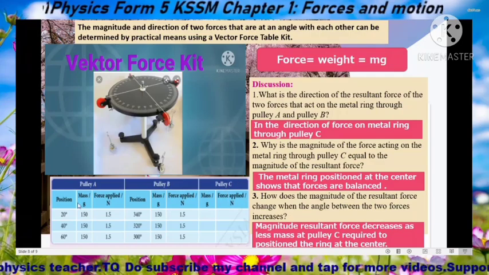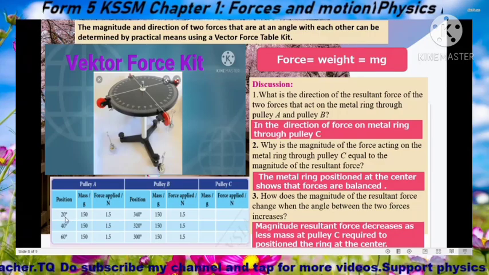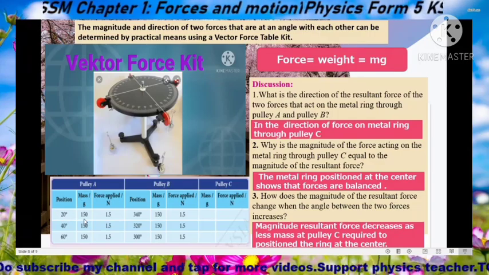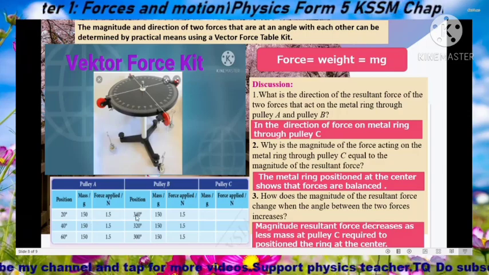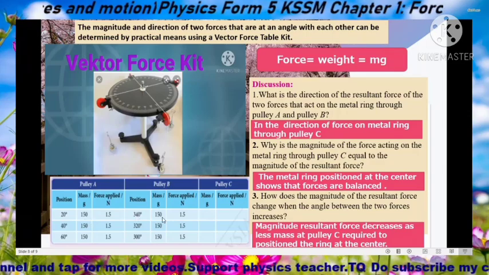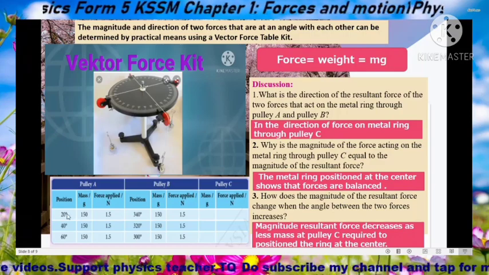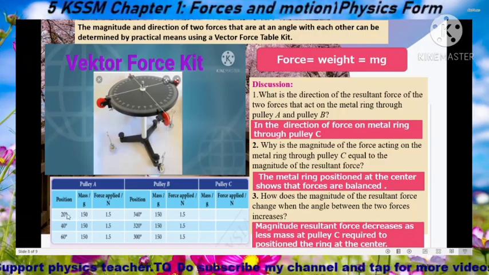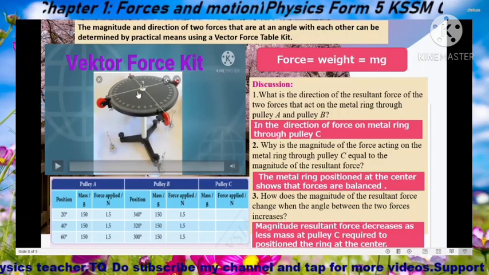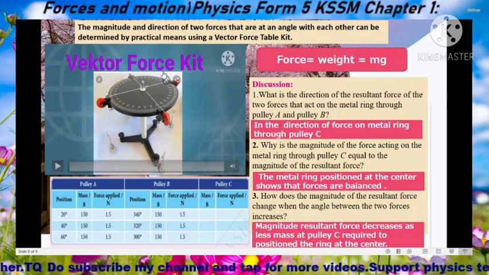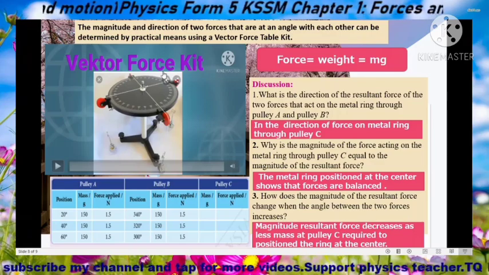Okay, we have three situations here. Pulley A is 150 gram, pulley B is also 150 gram, but pulley A is at the 20 degrees position, meaning from the 0 mark we put pulley A at 20.